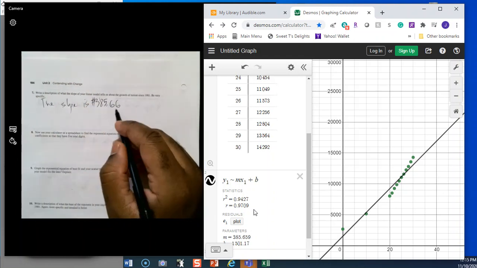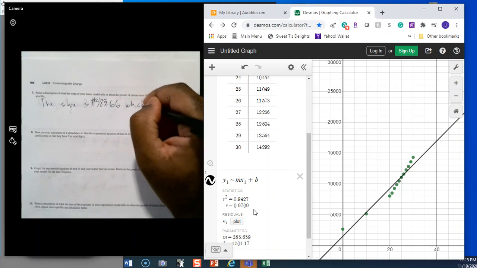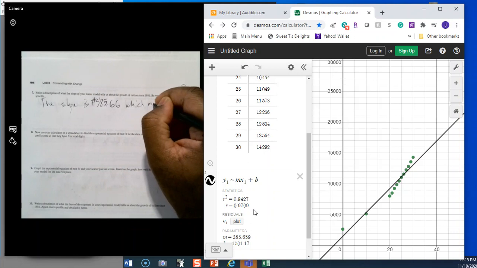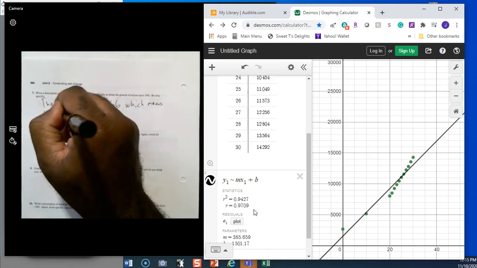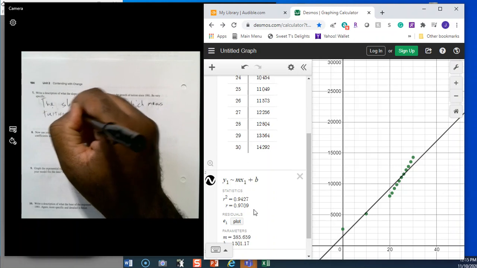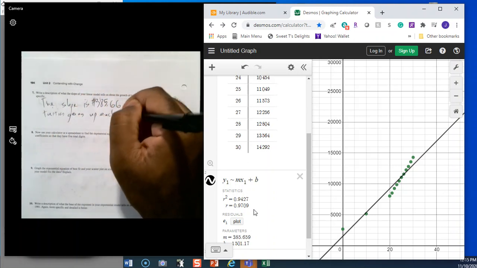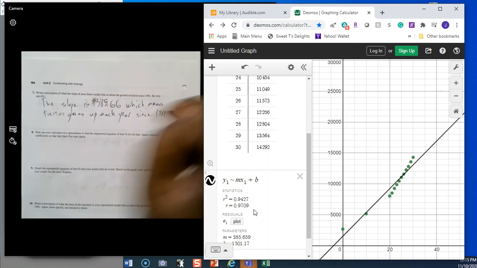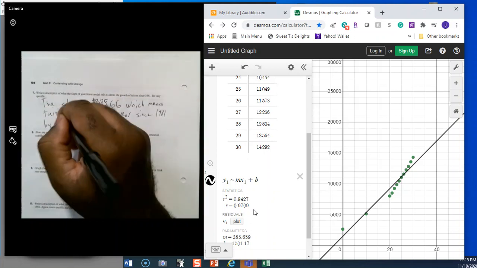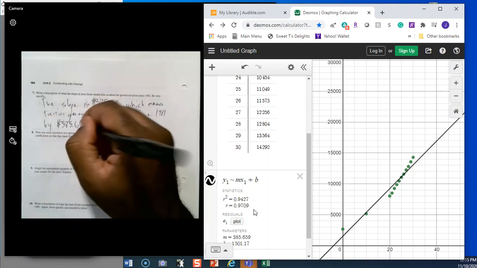The slope is $385.66, which means tuition goes up each year since 1981 by $385.66.